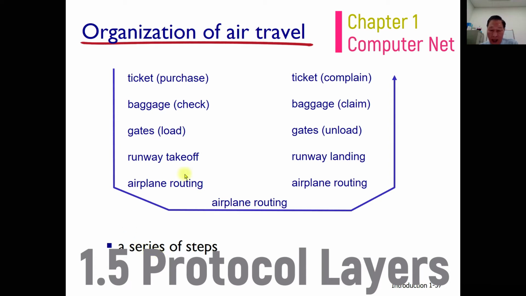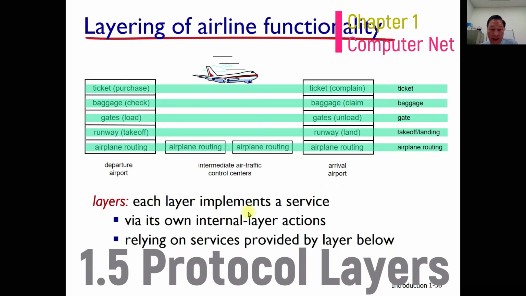We can think of each step like this. After making a modular design, we can make each one a module. Modular design is easy to handle, and there are the departure airport and arrival airport, and the intermediate air traffic control center for the routing. Here we can think of these layers.